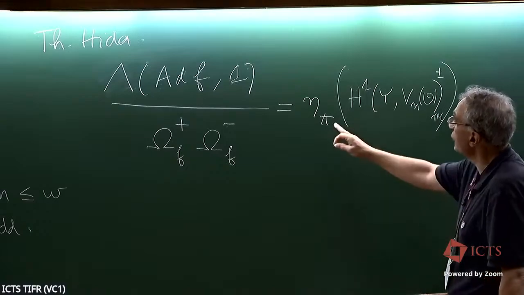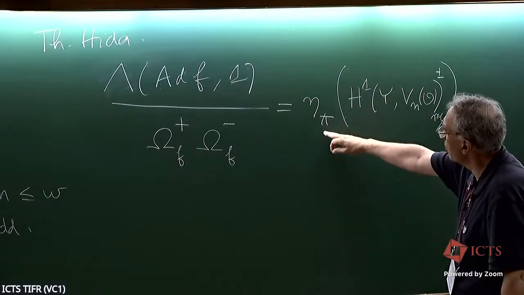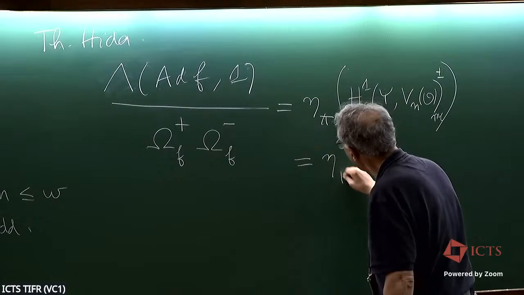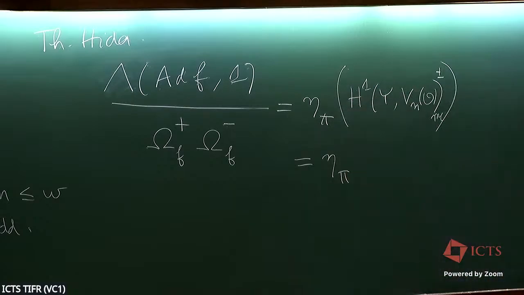So actually, this congruence number happens to be the Hecke congruence number because this module is free over Hecke.